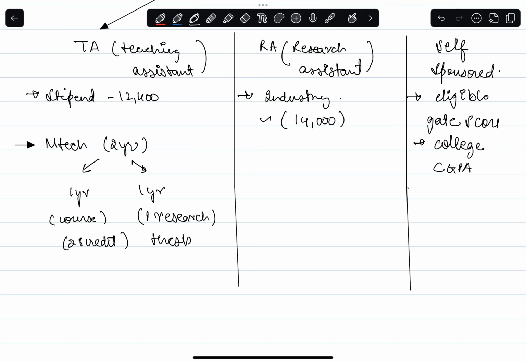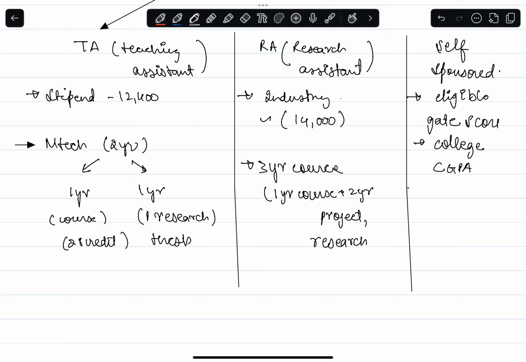Whereas RA is basically a 3 year course, in which we are required to have 1 year as coursework and 2 years as a project or research area in which we are working.